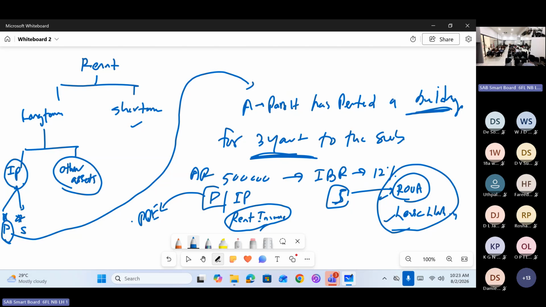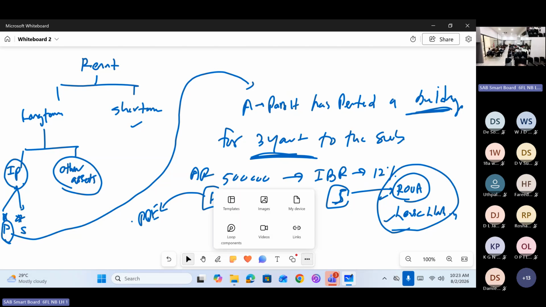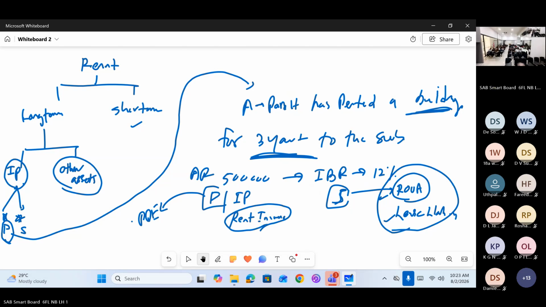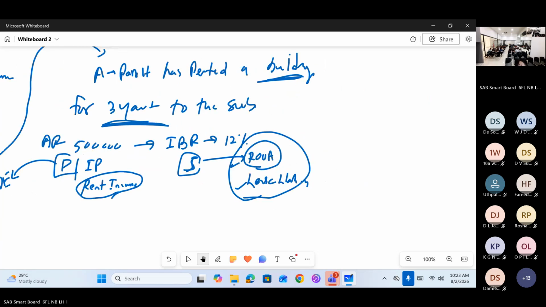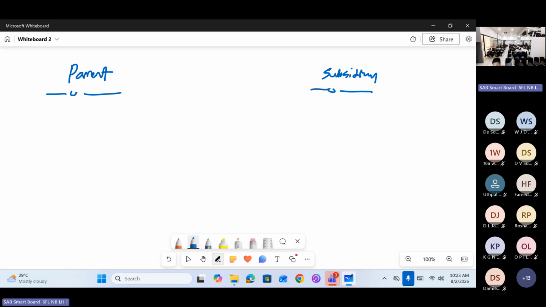Can you do that first, please? How do you write it? Write like this. Parent. Subsidiary.